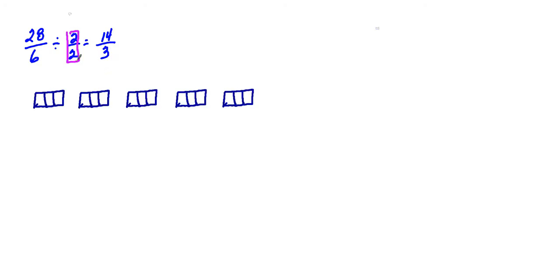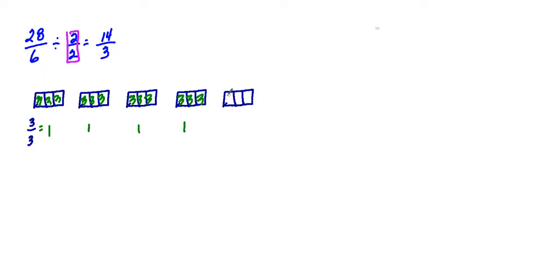All right, so here are my rectangles. Remember, each of these rectangles is made up of 3/3, and 3/3 is equivalent to 1 whole. So I need 14/3. 1, 2, 3, 4, 5, 6. There's another whole. 7, 8, 9. There's another whole. 10, 11, 12.